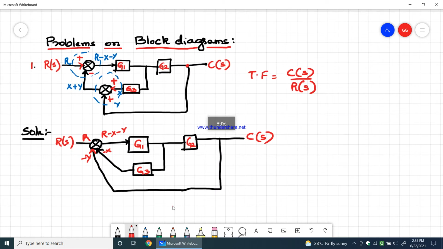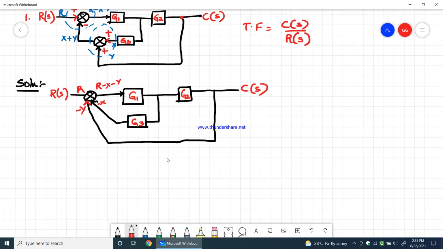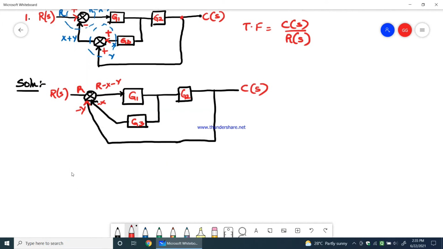Now I'll write this in a different way and you see how it looks. I'll have a summing point here, and then I'll have another summing point here which is given to G1.